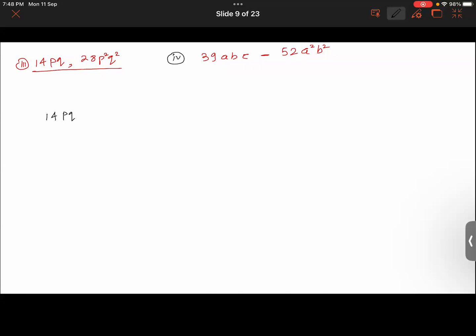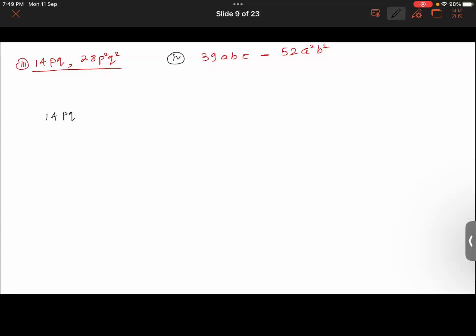Now notice here, these terms of the expression are in operation of subtraction. They are not two separate terms, right? So we will use the same method that we used in the example we discussed.